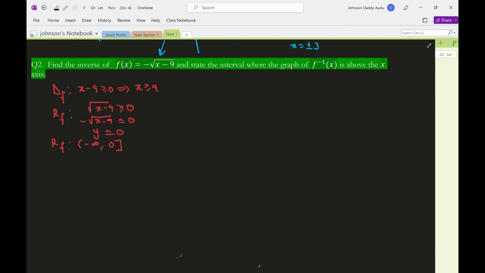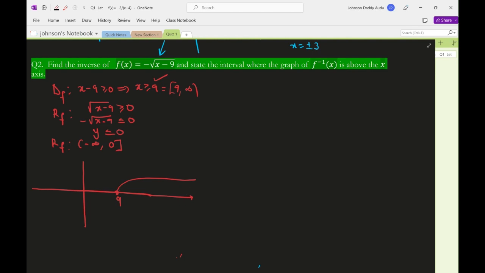Okay. Let's also see the graph of the original function. At x equals 9, the domain is x greater than or equal to 9. This is the same thing as saying 9 to infinity. So it means it's going to go this way. Keep going.